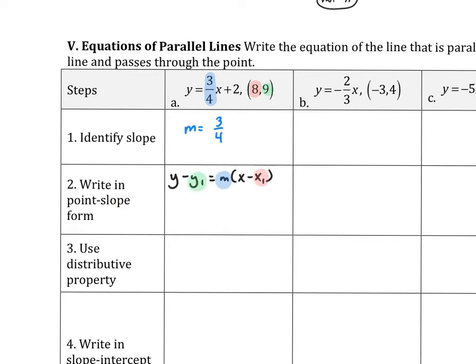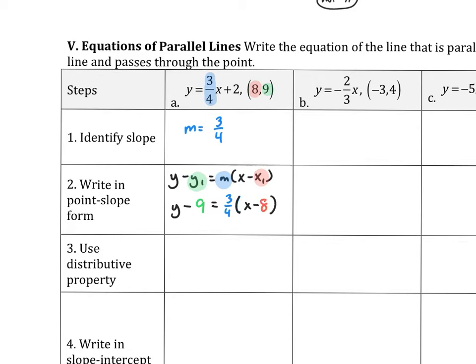So let's go ahead and do this. So y minus 9 is equal to 3/4 times x minus the 8 there.